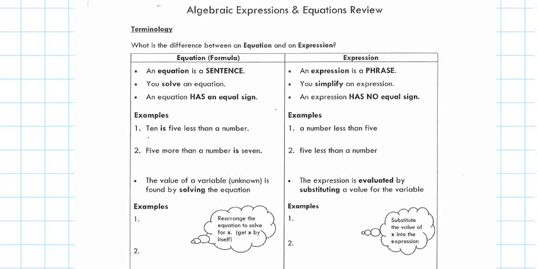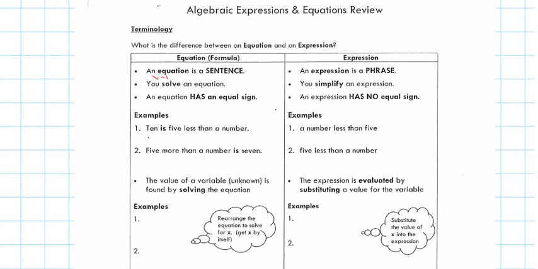It's like having a sentence versus a phrase in English. A sentence and a phrase are not the same thing. Similarly in math, an equation and an expression are two different things. An equation represents a sentence, which basically has a verb.